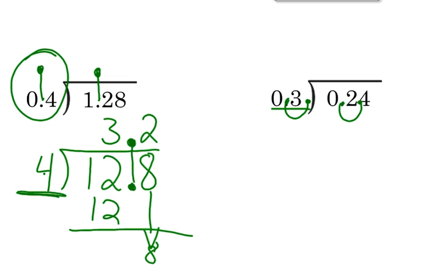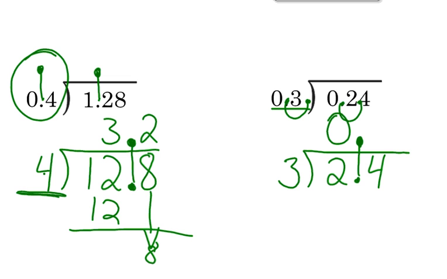At this point, it's hard to see your work, that's why I rewrite it. I have a new divisor of 3, and my new revised equivalent dividend of 2.4, and now I can divide. First step, decimal goes straight up. 3 goes into 2, 0 times. 3 goes into 24, 8 times.